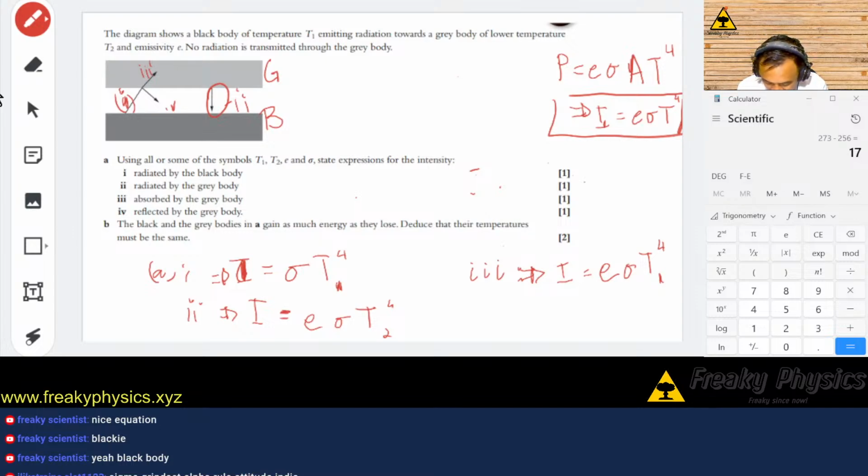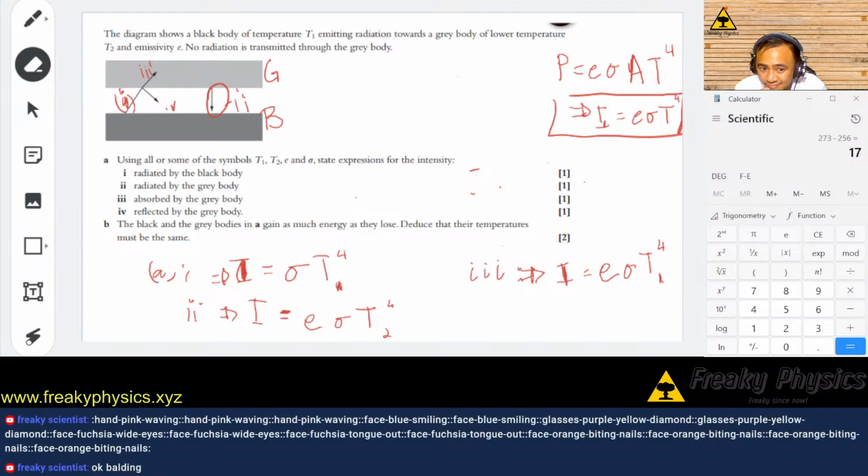Have you figured out why it's T1? Because it's the temperature emitting radiation. Is it because it's the temperature of the black body emitting radiation to the gray body?